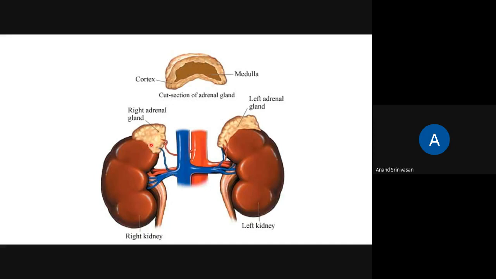In this picture, it's shown as if it's draining into the right renal vein, but in most cases the right suprarenal vein goes into the inferior vena cava, whereas the left suprarenal vein goes into the left-sided renal vein.